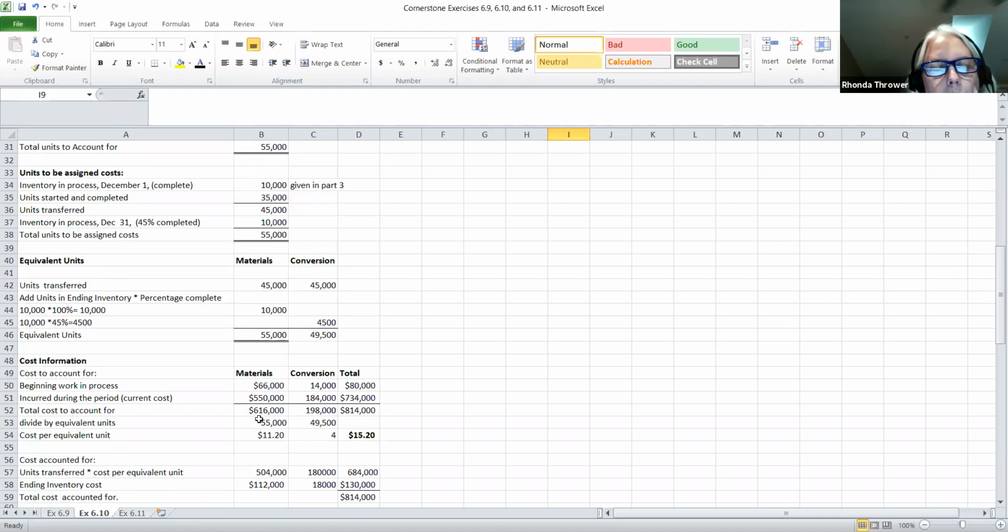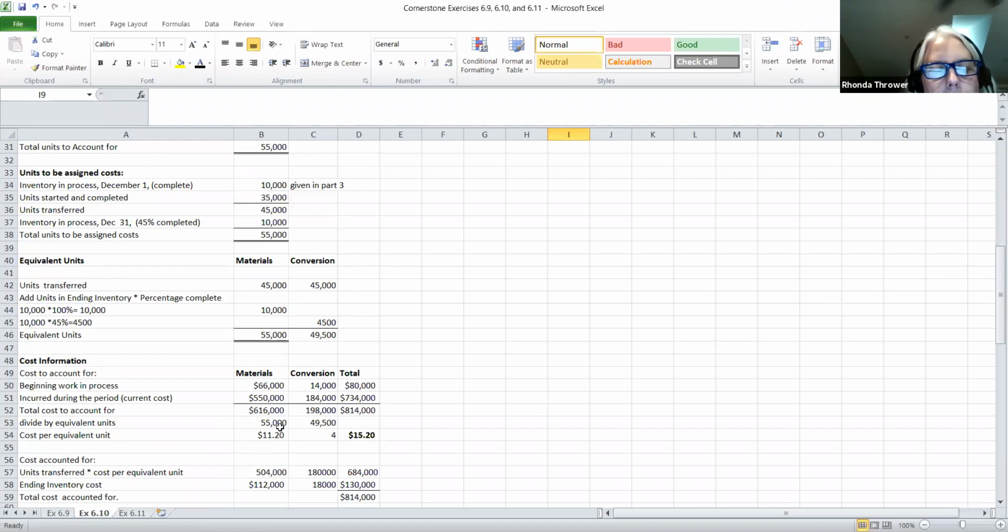Once you know what your total cost for your materials are, you're going to divide it by your equivalent units. So what they're doing right here is just telling you how to determine your cost per equivalent unit for that period.